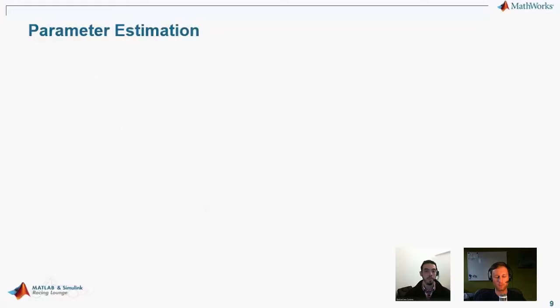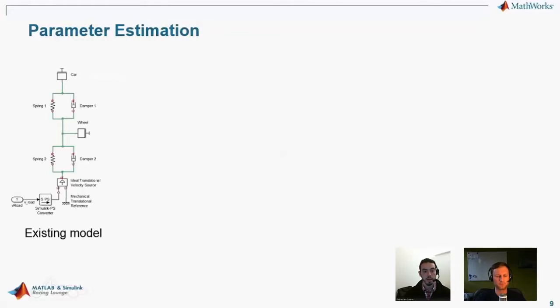Now I want to show you parameter estimation. So let's introduce what it is first. As far as I remember, it's when you have the equation at hand, but you don't know so much about the parameters, right? Right. So here we have an existing model. It could be equations with Simulink, or it could be a component-based model, like you see here with Simscape.